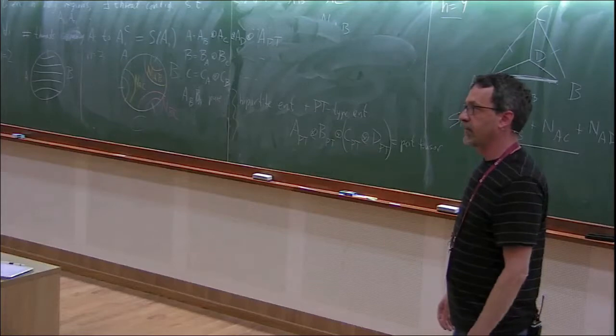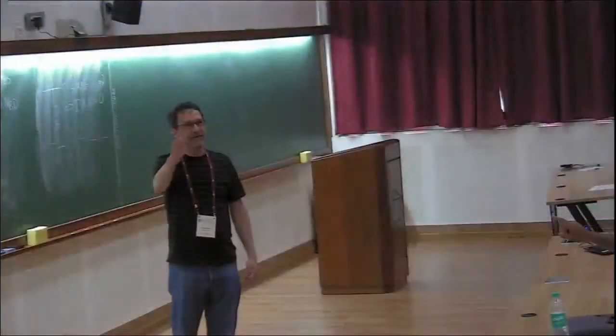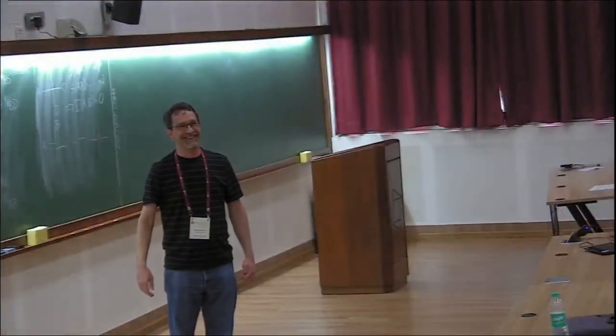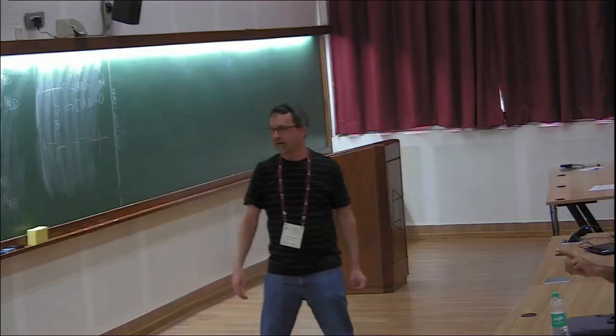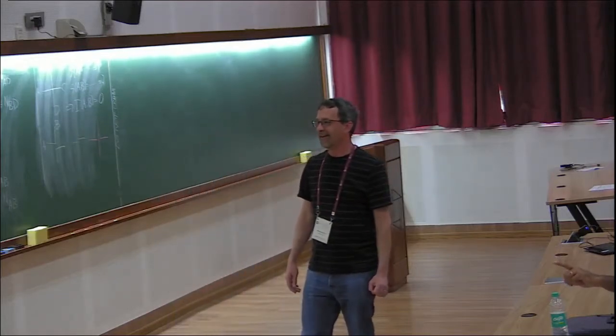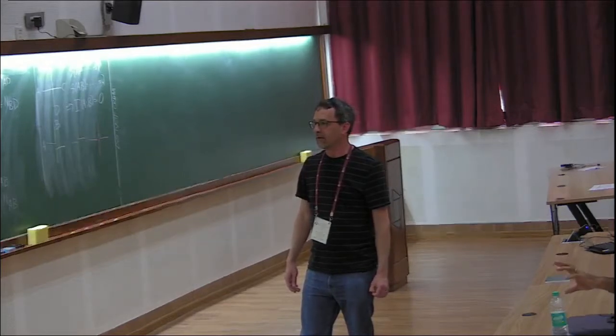I think Suvrat's been waiting. Tell me later, but why isn't your conjecture obviously wrong? Because the number of strings going from A to B cares about whether you have the region C or not. If you had 3 regions, because you have some constraint in the center, the number of strings from A to B would care about whether you're looking at A, B, and C or just A and B together.